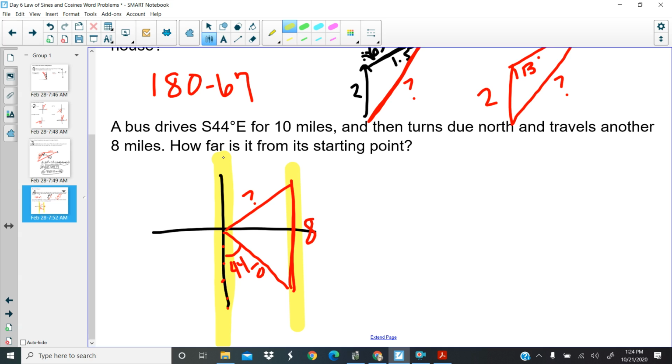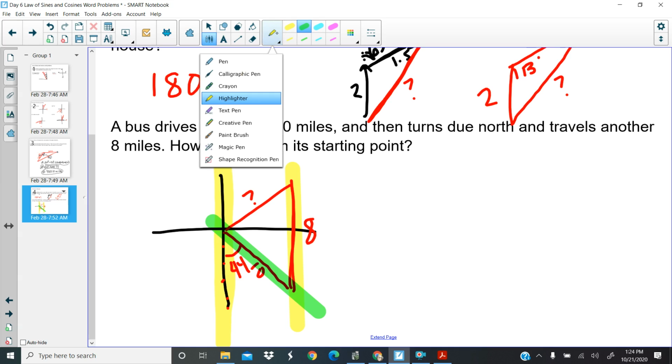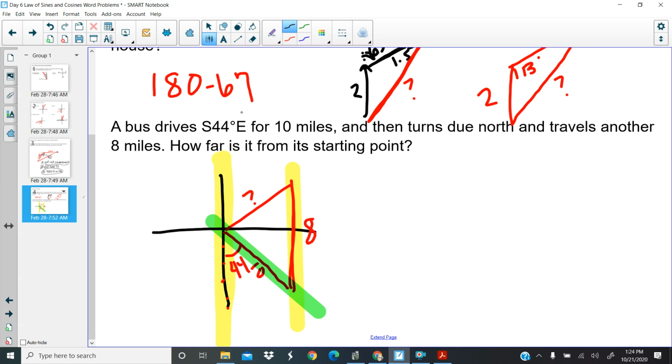So then since that's parallel and this original 10 miles would be considered a transversal of those parallel lines, we can use the alternate interior angle theorem. And don't worry, you're not going to have to worry too much about all of these theorems, but it is going to help us find this angle here because it's going to be the same as our alternate interior angle here, which is 44 degrees.